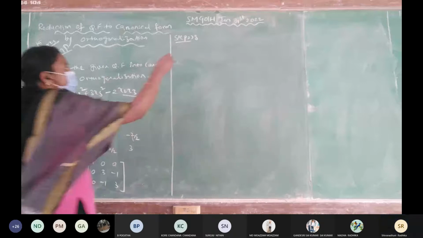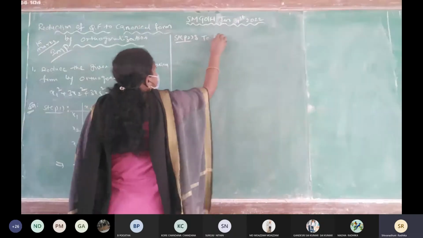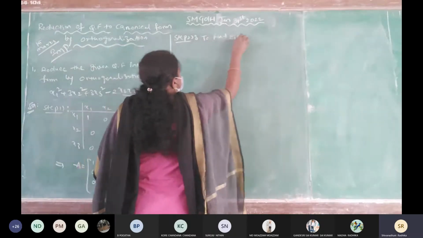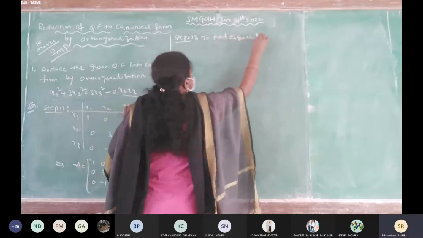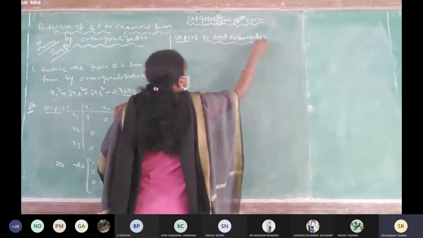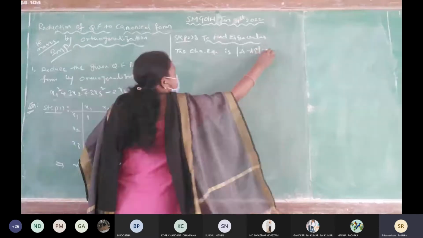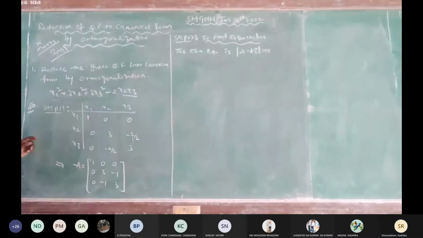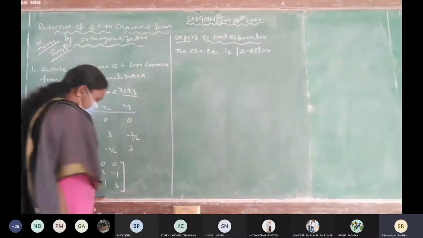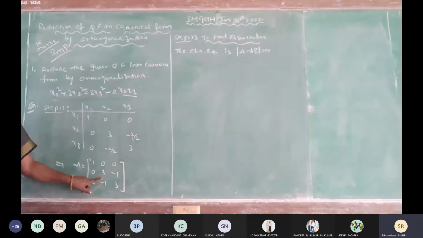Basic procedure: we are going to find the eigenvalues. The characteristic equation is det of A minus lambda I equals 0. This is the given matrix, and for this matrix we are going to find the eigenvalues, right?